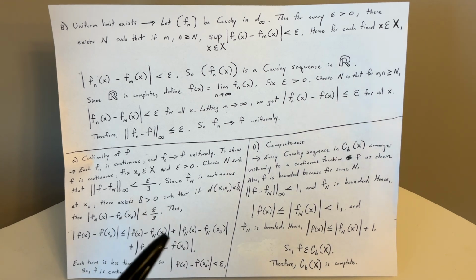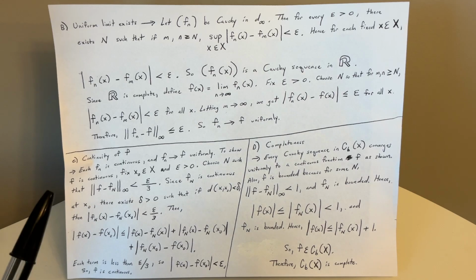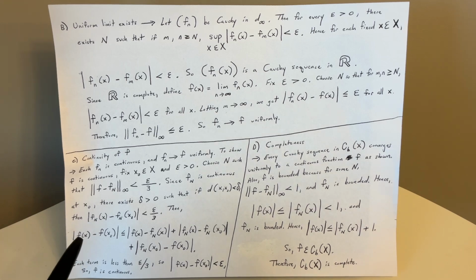Moving forward in this chain reaction, just the way the information flows, we can say the absolute value of f of x minus f of x naught is less than or equal to the absolute value of f of x minus f sub n of x, plus the absolute value of the difference between f sub n of x and f sub n of x naught, plus the absolute value of f sub n of x naught minus f of x naught.